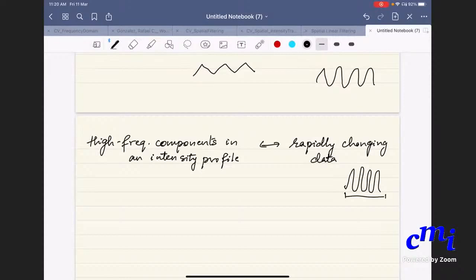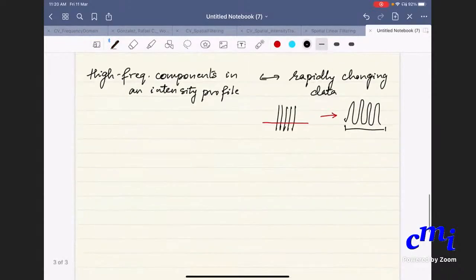Or in the original image there could be lines like this, where the intensity goes up, down, and so on. If a scan line is here, then the intensity profile along the scan line is going to be something like this. These things can be proven more rigorously, but as I said, I'm just giving you the highlights. So high frequency components correspond to rapidly changing data.